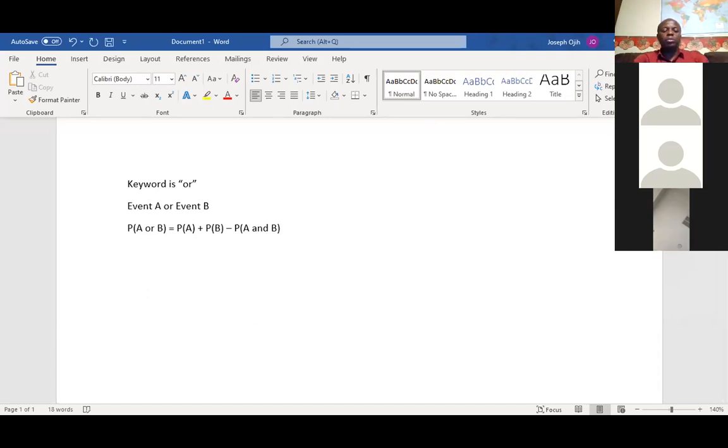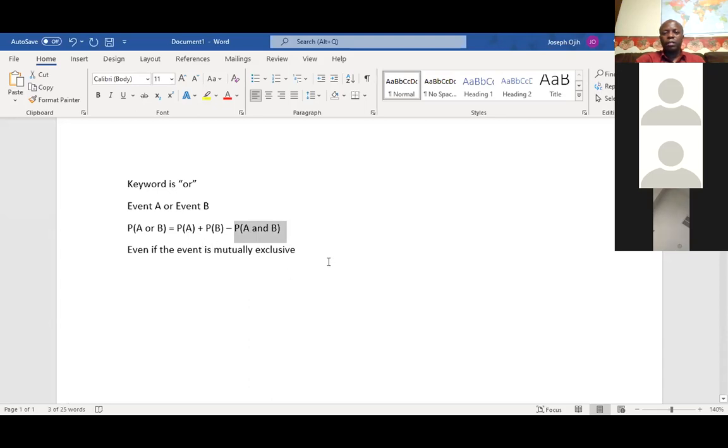This is the general formula. So even if the event is mutually exclusive, I explained what mutually exclusive event is, you can still use this because if the event is mutually exclusive, this part will turn to 0. So you have only these two.